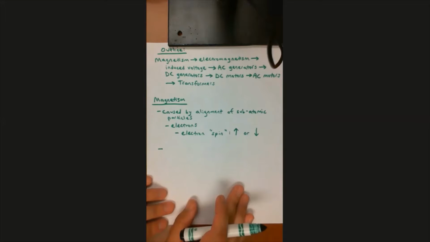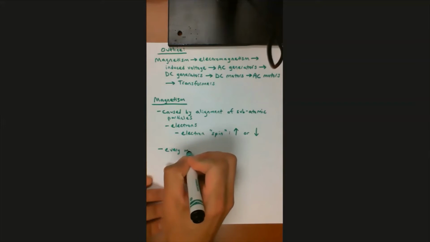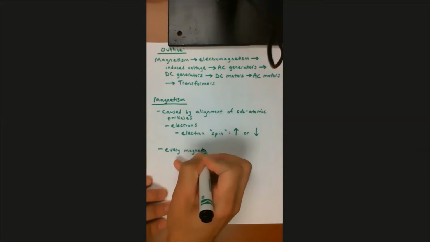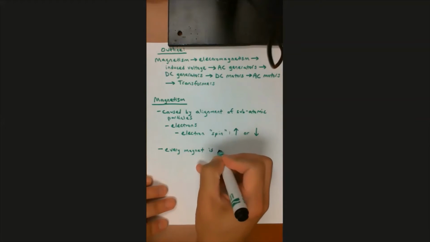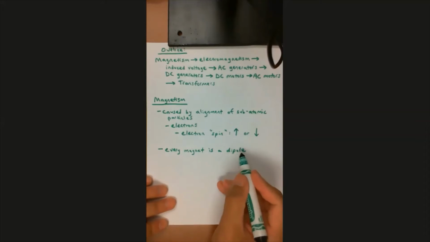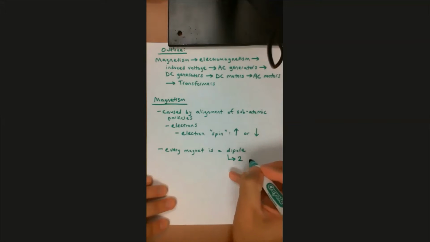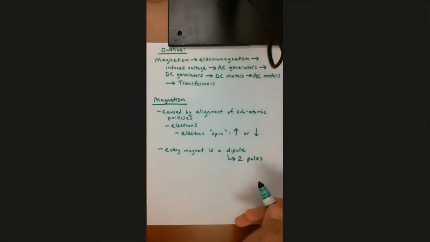The other thing I want to say right now is that every magnet is a dipole. What is a dipole? A dipole means that it has 2 poles. The prefix di means 2.